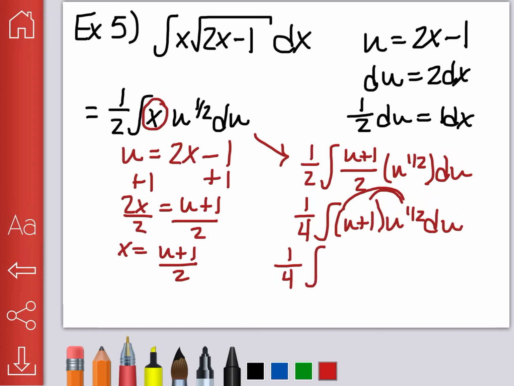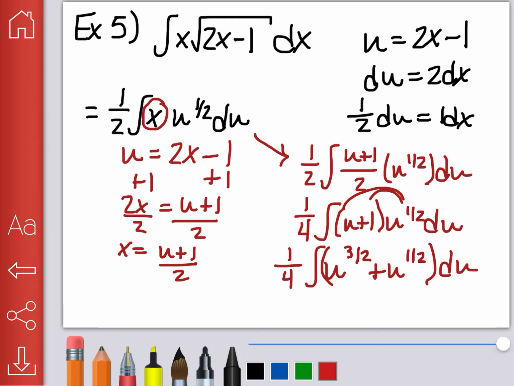So I have 1/4 times the integral. Remember, by the power rule of exponents, I have u to the 3/2 plus u to the 1/2 du. Okay, so now I need to erase because I'm running out of room.